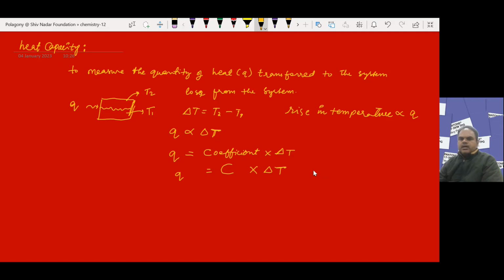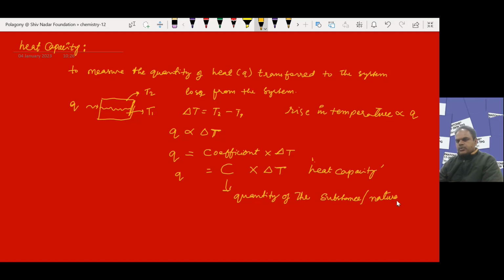The constant coefficient C is called heat capacity, the heat capacity of a substance. This C depends upon the quantity or composition of the substance, and also the nature of the substance.